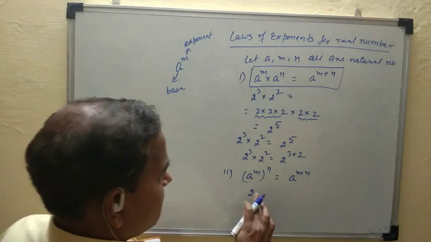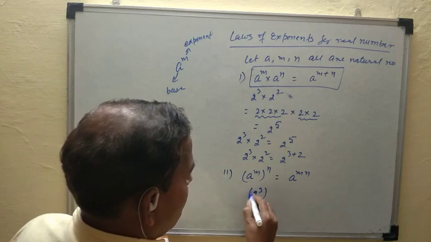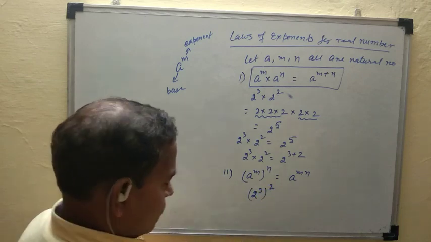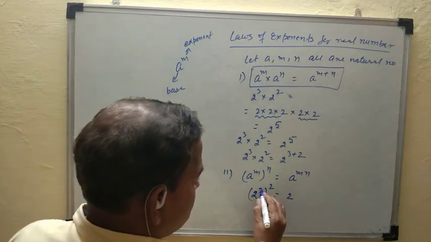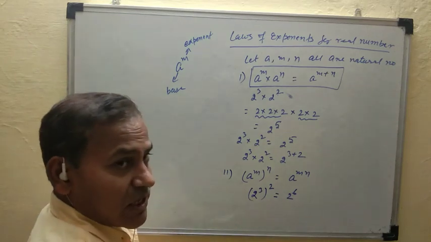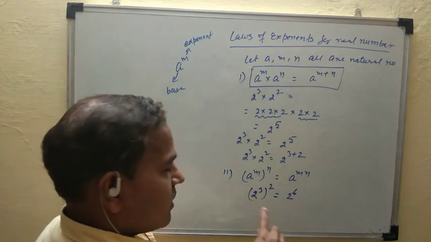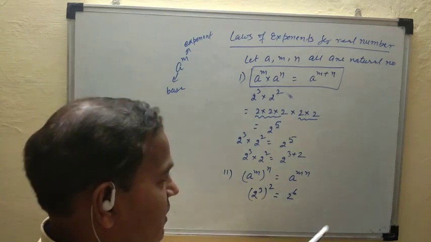For example, suppose 2 to the power 3 whole to the power 2. So this becomes 2 to the power 3 into 2, that is 6. That is, both powers are multiplied: 2 to the power 3 whole to the power 2 is 2 to the power 6.